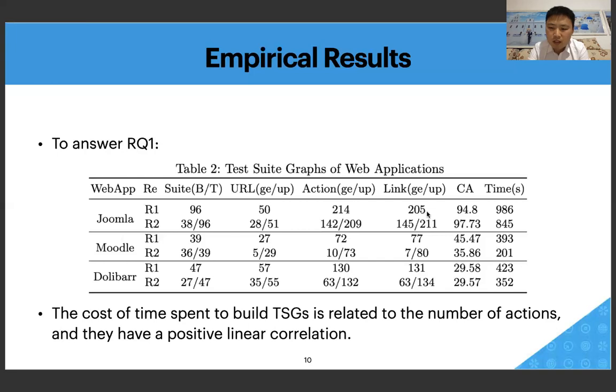And for the links, okay, for the time it takes to generate the test suite model, we find that the cost of time spent to build test suite graphs is related to the number of actions, and they have a positive linear correlation.